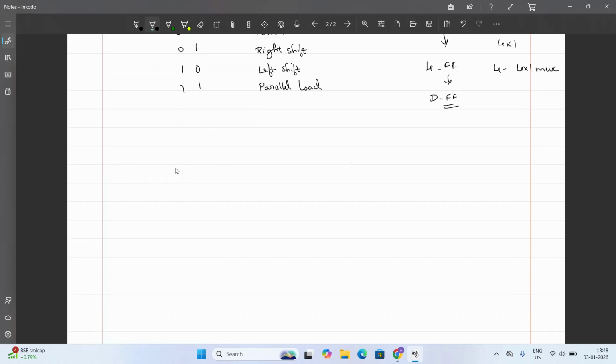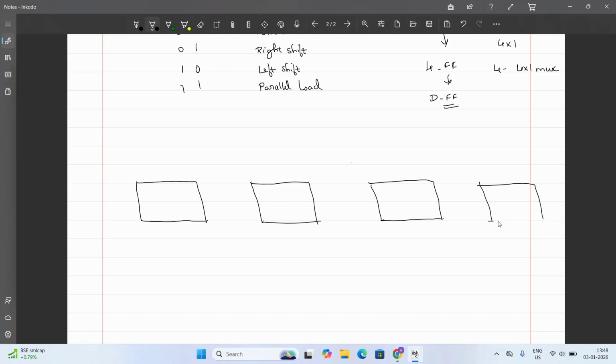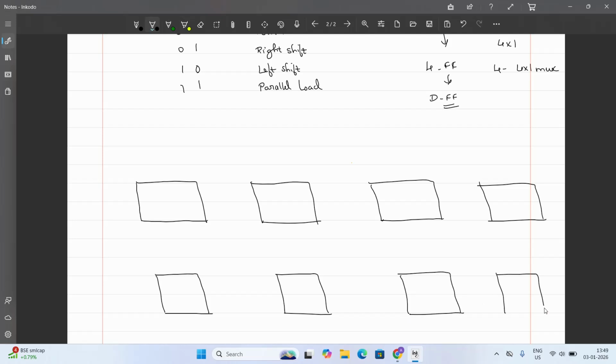Connections will be shown later. So you have 4 multiplexers, and you need 4 flip-flops, using D flip-flops.